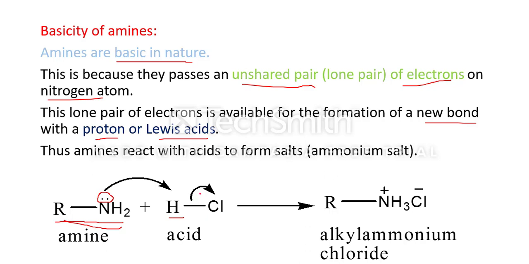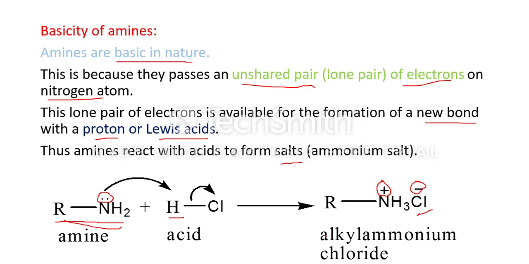Electronegative atoms have a tendency to abstract the pair of electrons towards themselves. So the chlorine has more electrons, that's why it is given a negative charge. And in the amine, the nitrogen is deficient in electrons, that's why it is given a positive charge. The formation of salt means a chloride electrolyte is formed.